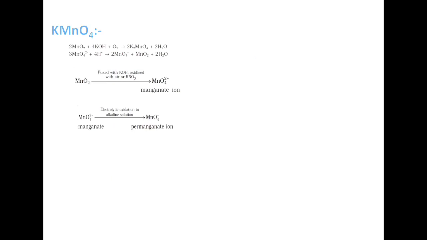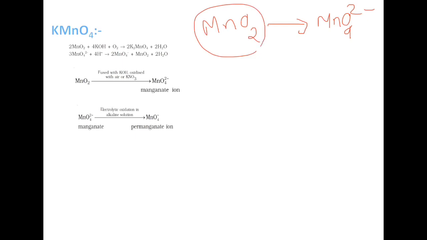Another method is there. First, MnO2 on fusion with KOH and oxidation with potassium nitrate, KNO3, is converted to manganate. Means manganese dioxide on reaction with fused KOH and oxidation with potassium nitrate, you get potassium manganate.